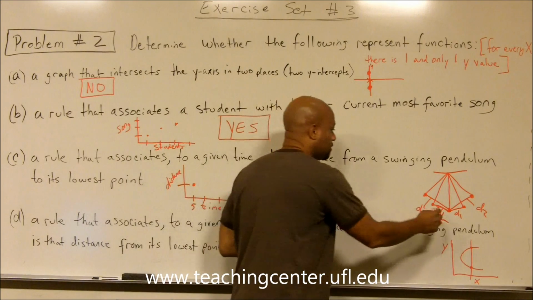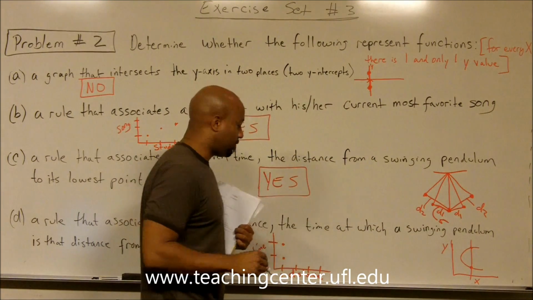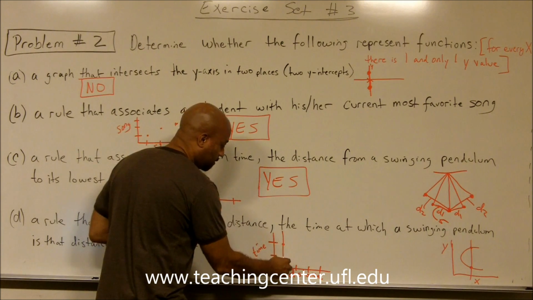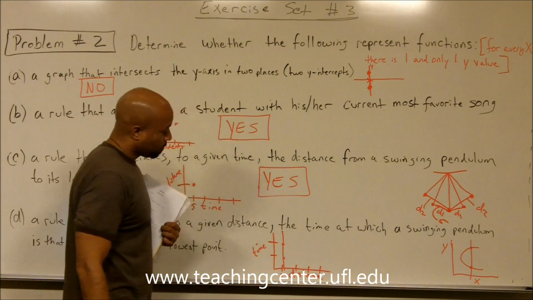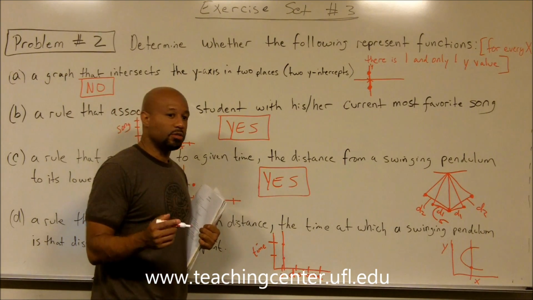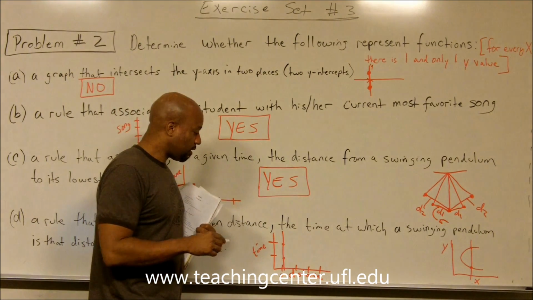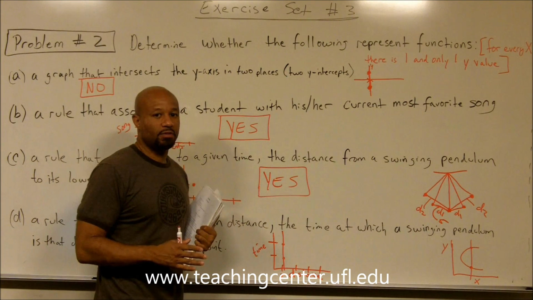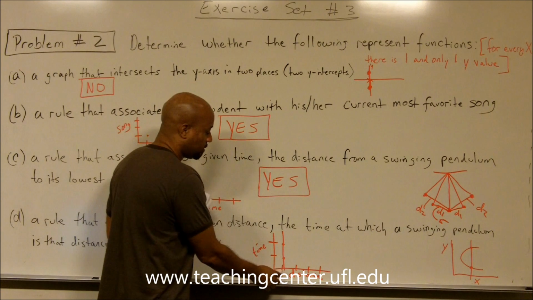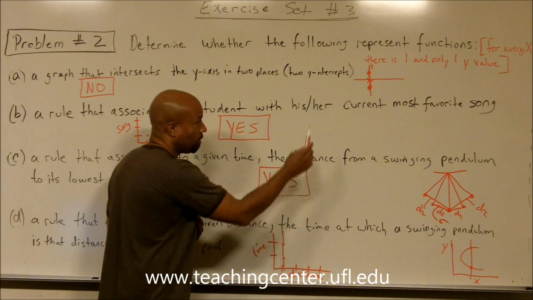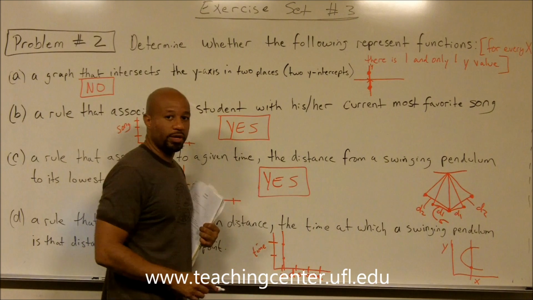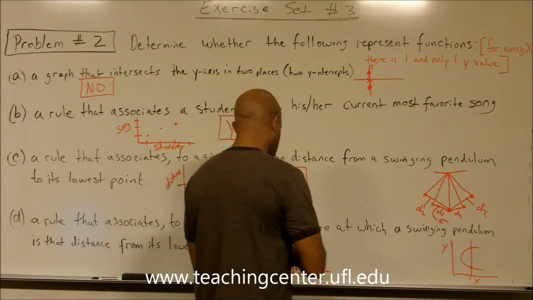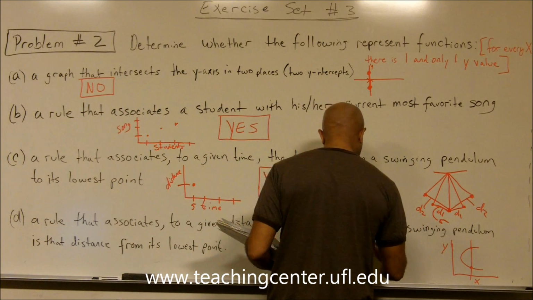And that's going to be the case for each distance that we have. So you see that if we draw a vertical line through those 2 points, they cross the plot in 2 different places. And so we know that that is not a functional relationship, because for every x, there can only be one y value, and we see that there's more than one here. So this is not a functional relationship.